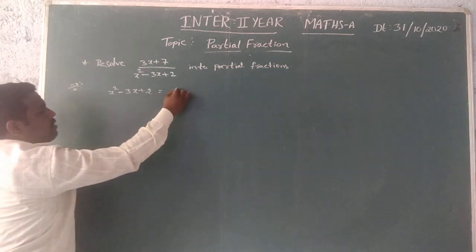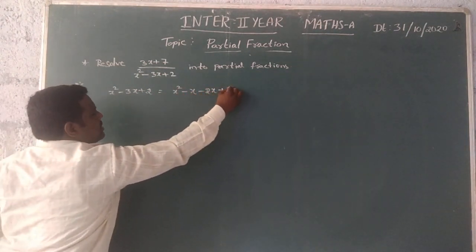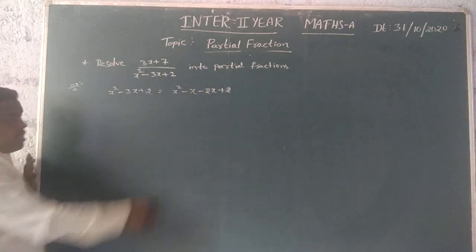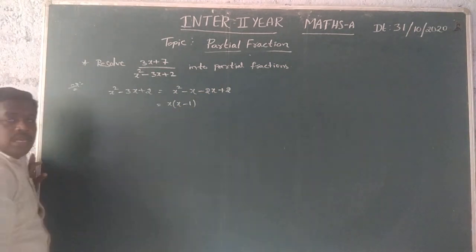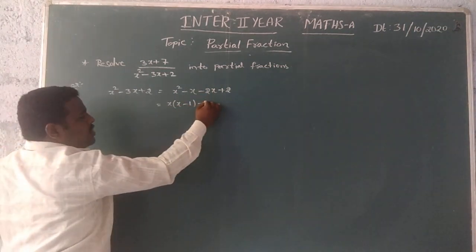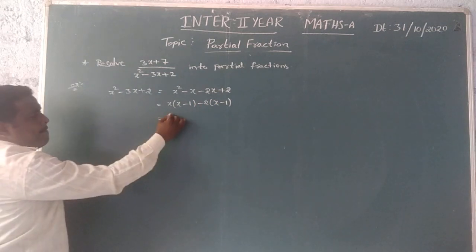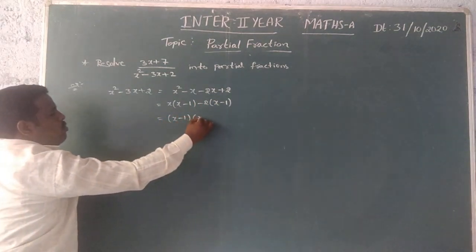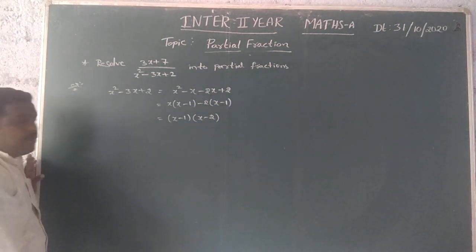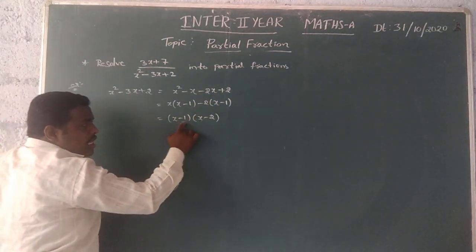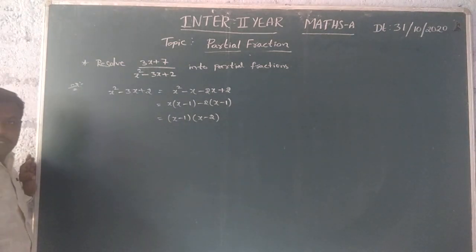So the middle term can be written as minus 1x minus 2x plus 2. In the first two terms, x is the common term: x of x minus 1. In the remaining two terms, minus 2 is the common term: x minus 1. So x minus 1 into x minus 2. So this quadratic expression is written as the product of two linear factors.